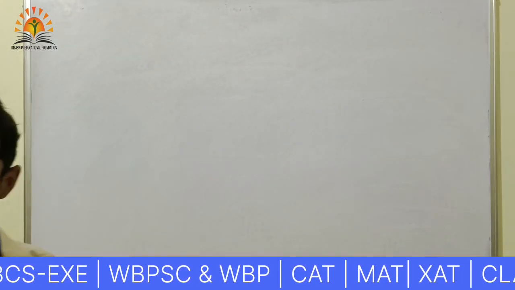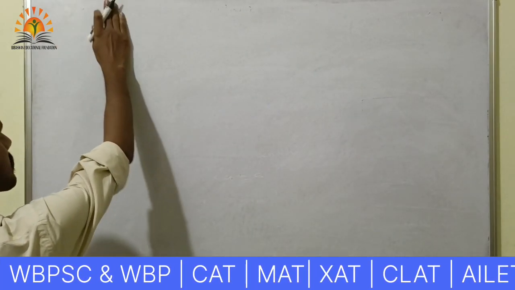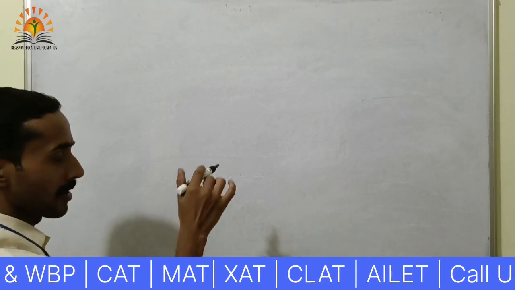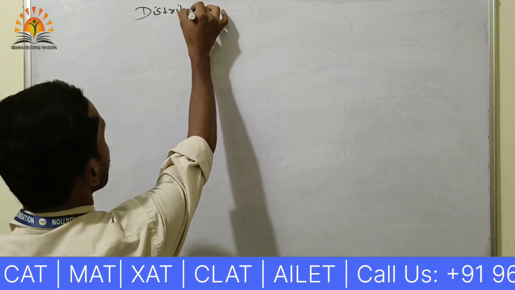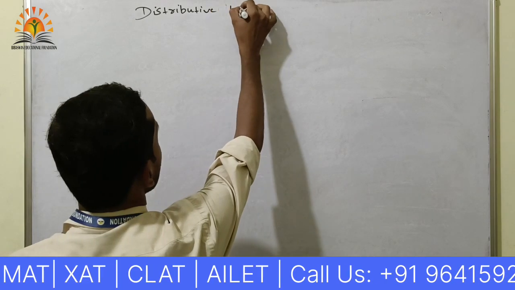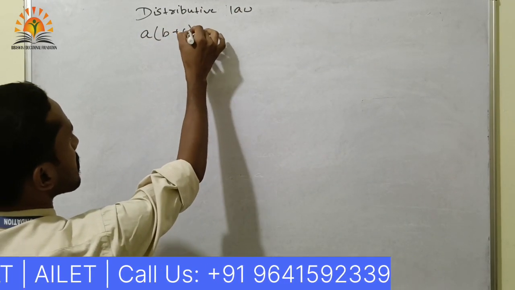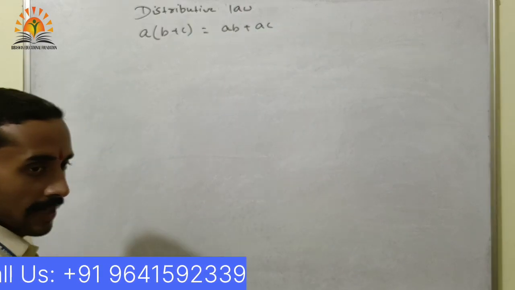Now the last law, a very important law that we generally use but don't know the technicality of. That is the distributive law. Distributive law says A multiplied by B plus C gives the result AB plus AC.